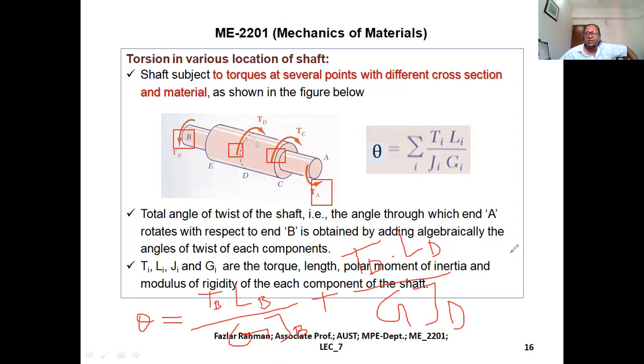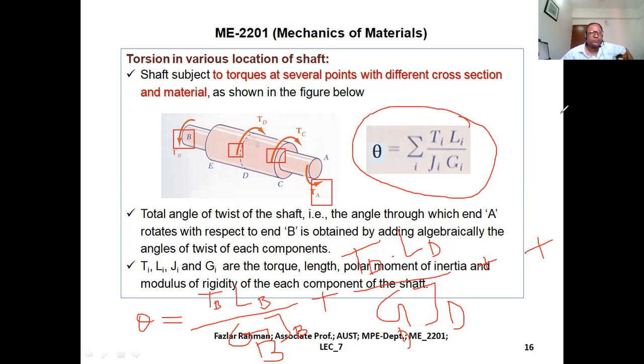If all are the same material, you can use the same G. If the material is different, then you use G_B, G_D over here. Then the next one plus the next one, that means the algebraic summation of total deformation.